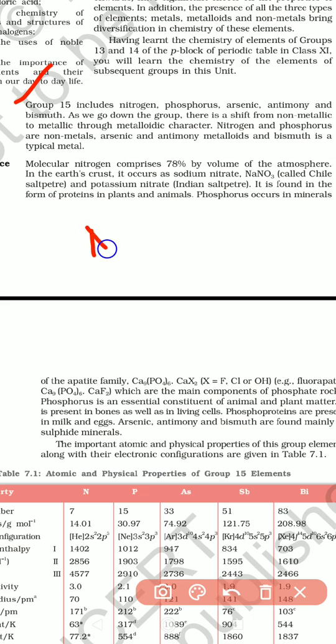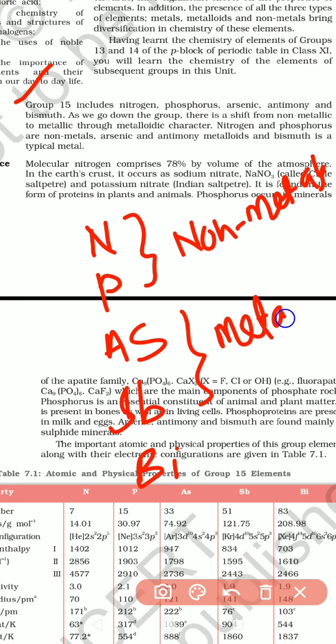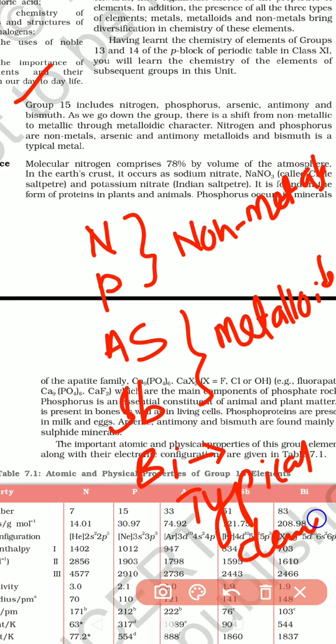Once again, see that nitrogen, phosphorus, arsenic, antimony, bismuth. Nitrogen and phosphorus are non-metals, arsenic and antimony are metalloids, and bismuth is a typical metal. So these are the group elements of the 15th group.